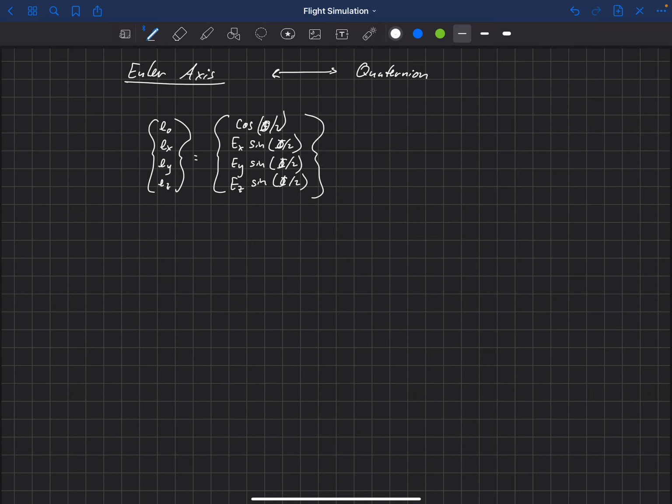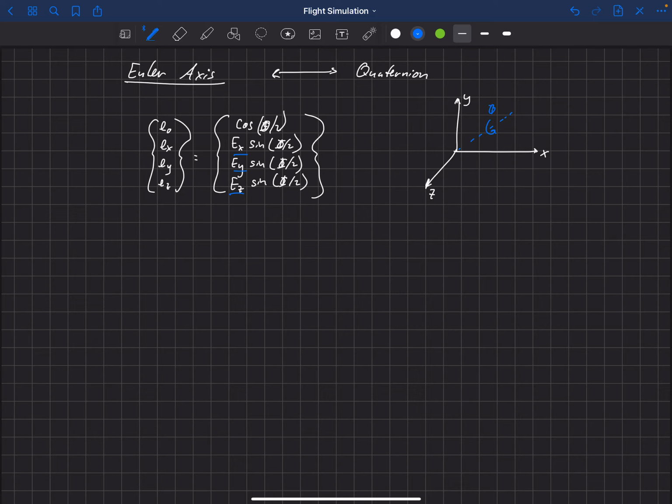Okay, so that's the definition that we discussed previously in the development of the quaternion. So that should look familiar. But remember, Ex, Ey, and Ez are the actual components of the Euler axis itself. So again, if we draw this coordinate system over here of X, Y, and Z, there's some Euler axis here that has components Ex, Ey, and Ez, and then theta is the rotation about that axis.